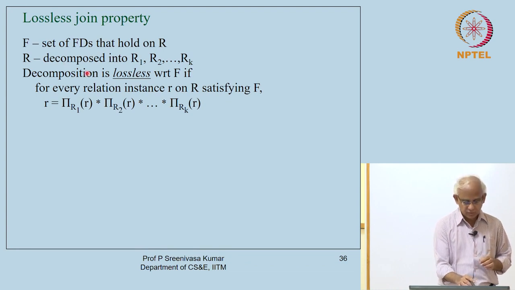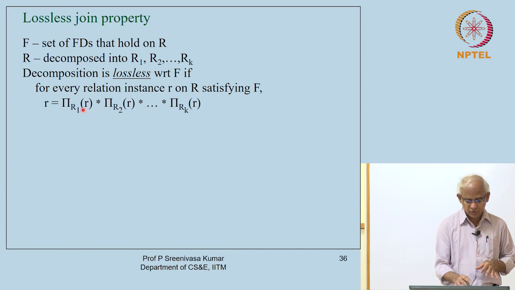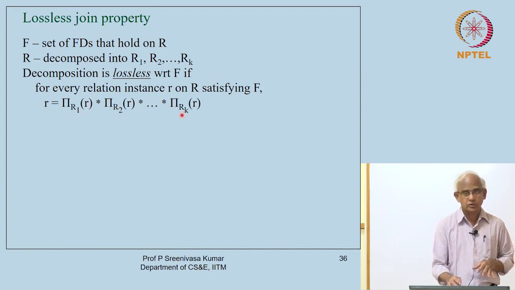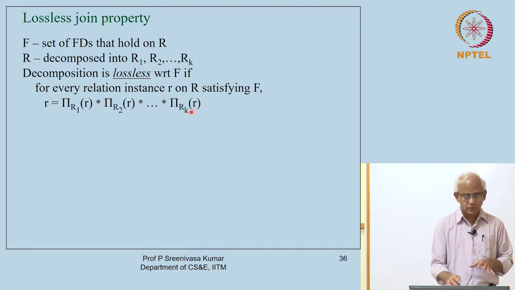This decomposition is called lossless with respect to this set of functional dependencies when, for every instance R on the scheme capital R that satisfies these functional dependencies, if you take R and project it onto R1, R2, and so on, you get little r1, little r2, little r3, little rk, etc. You do a natural join among them, you should get back R.